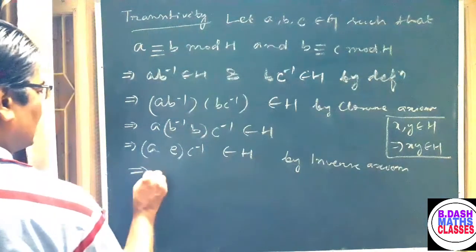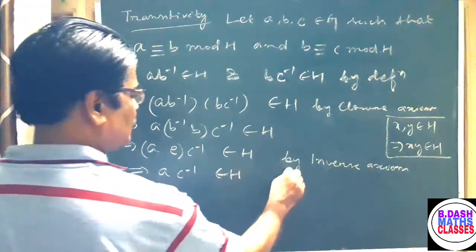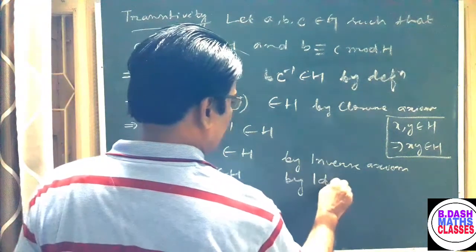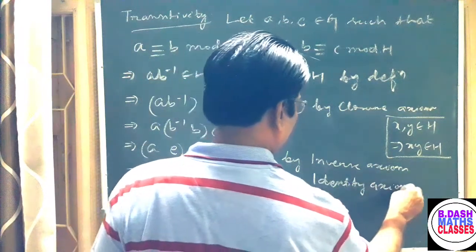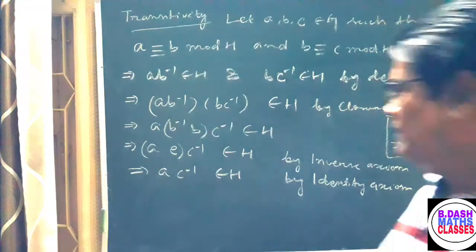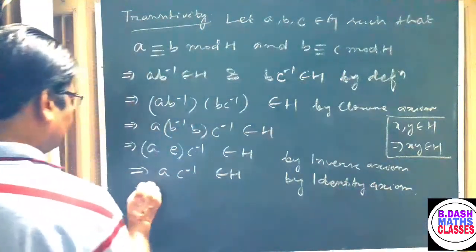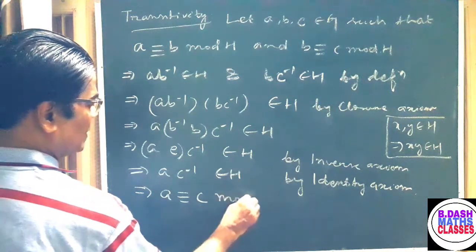Now this is equal to a c inverse belongs to H by identity. So a c inverse belongs to H. So we can write a congruent to c mod H.